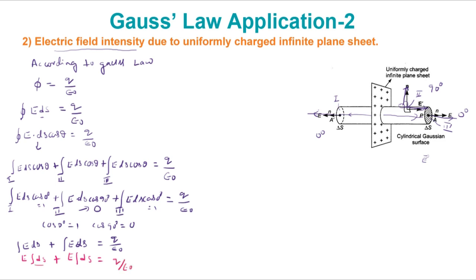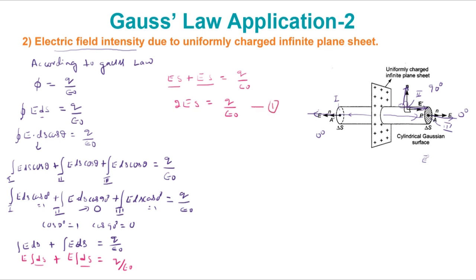Here the integration of ds is S, and here the integration of ds is also S. Now I will write ES plus ES, which is exactly equal to Q by epsilon naught. Are you clear? Here ES and ES, so total 2ES is equal to Q by epsilon naught. Let it be equation 1.